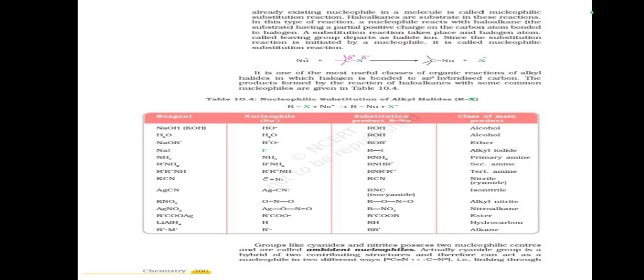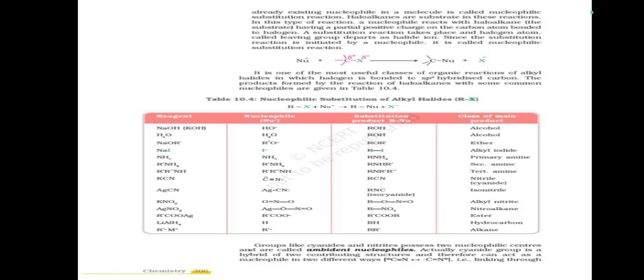In this type of reaction, the nucleophile reacts with the haloalkane, the substrate, having a partial positive charge on the carbon atom bonded to halogen. A substitution reaction takes place and the halogen atom, called the leaving group, departs as the halide ion.